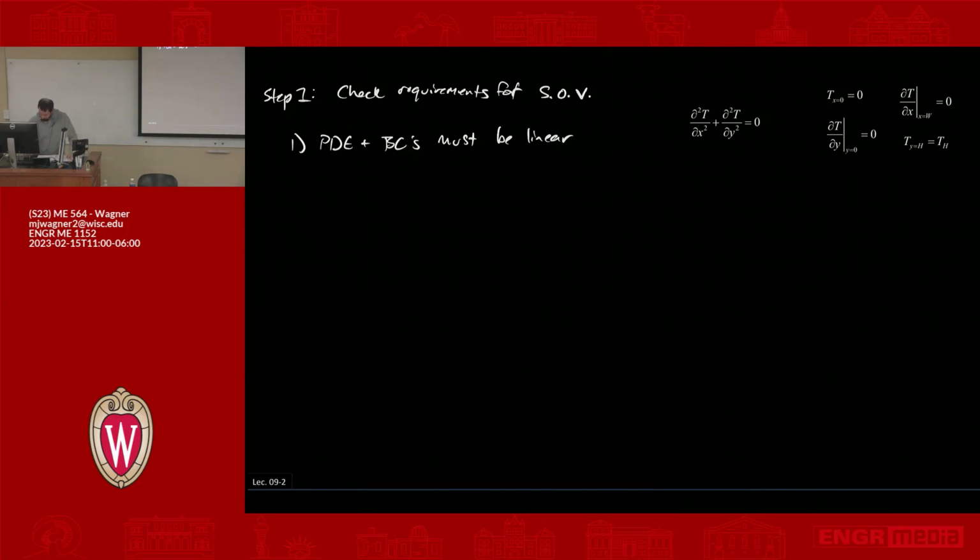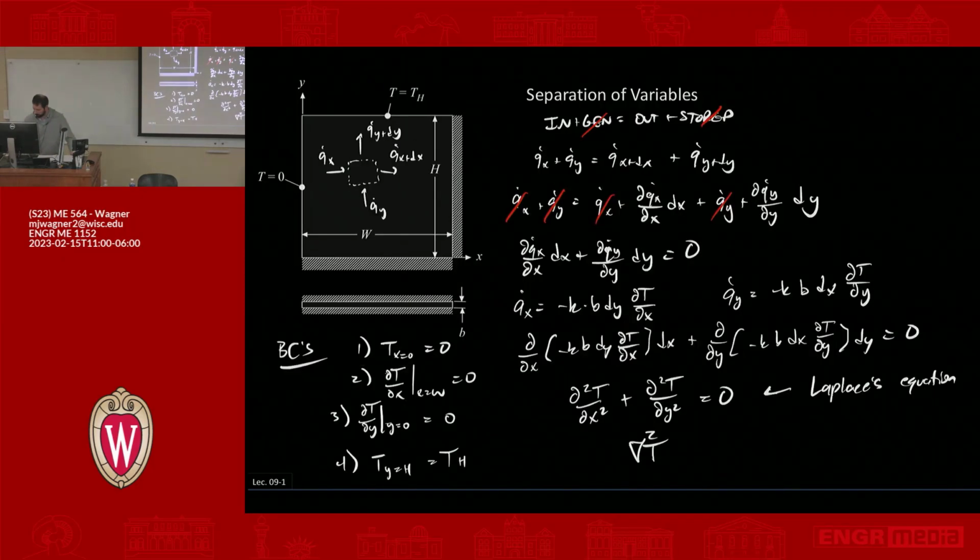The second thing is the computational domain must be simple. All right, what does that mean to have a simple domain? Well, let's actually look back at the previous slide here for a second.